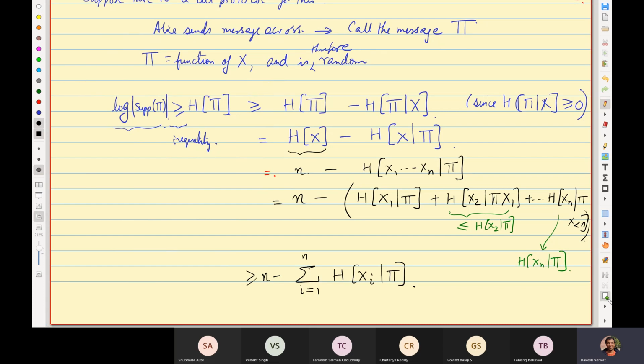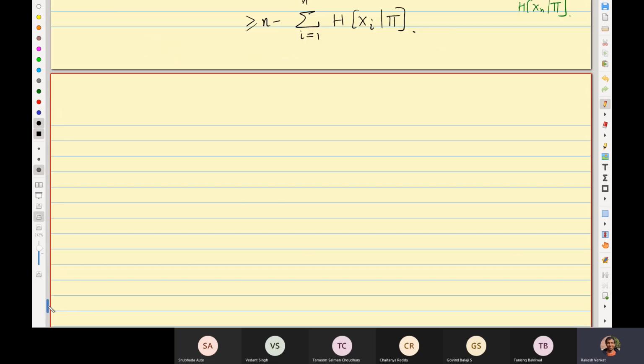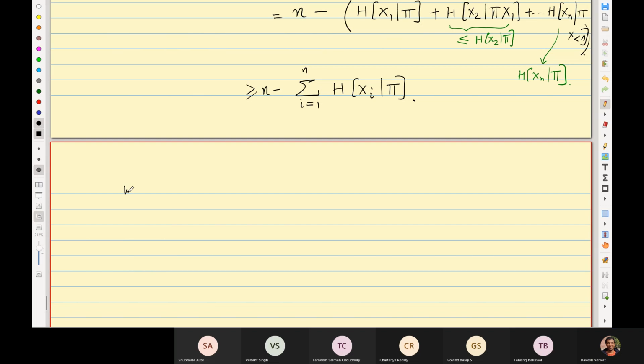And this is something we should know, because we know that pi is a good predictor for every Xi, irrespective of what i is.